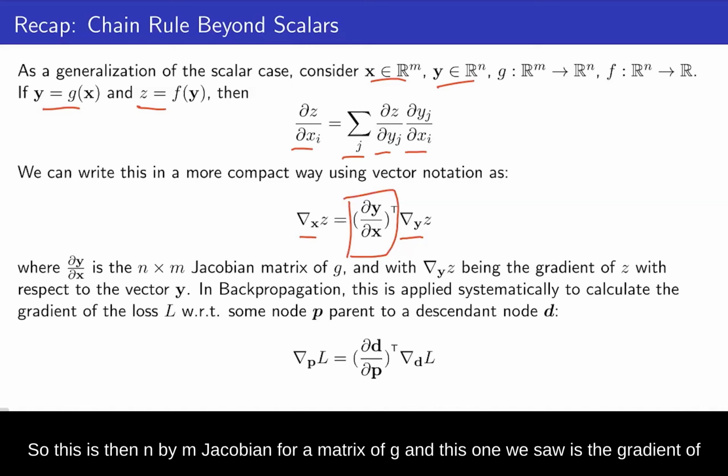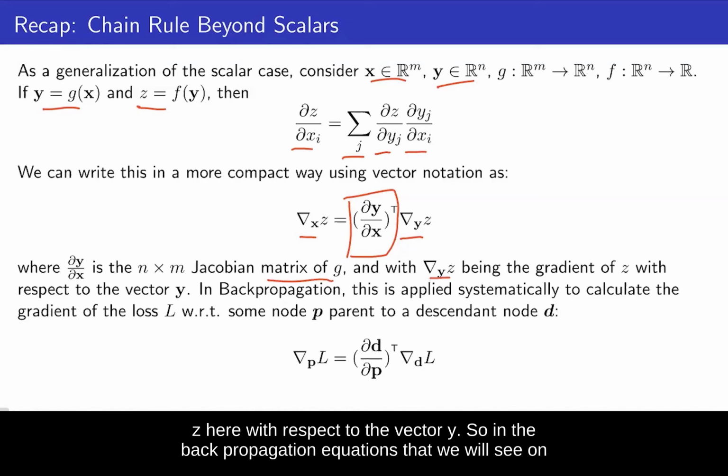So this is then the n by m Jacobian matrix of g, and this one we saw is the gradient of z here with respect to the vector y.